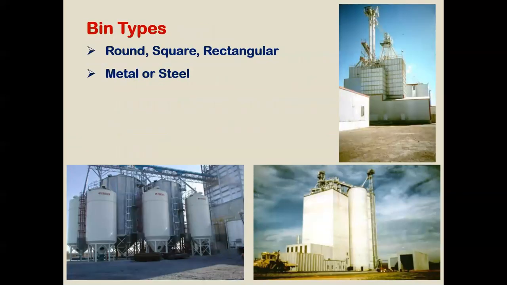There are different types of bins that feed millers use, like metal or steel bins in vertical shape.